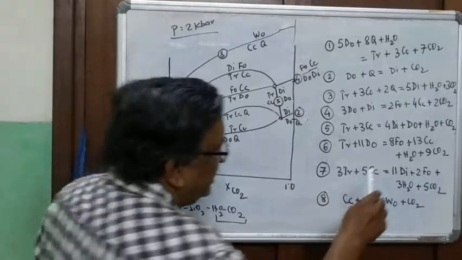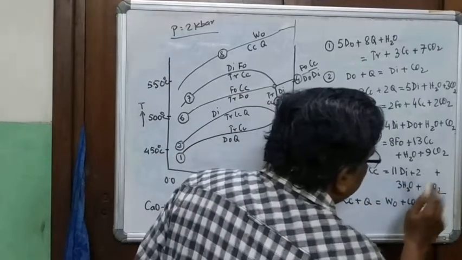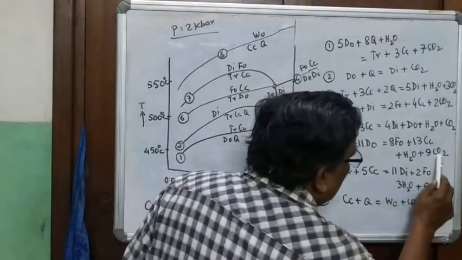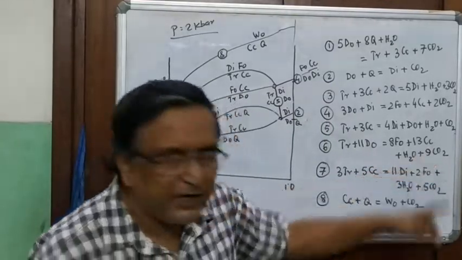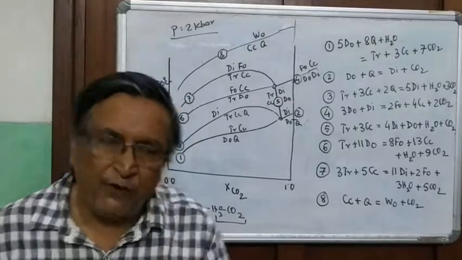Because, say for example, H2O to CO2 in this reaction, you see, is 1:9. So this reaction is producing a highly carbonic fluid.